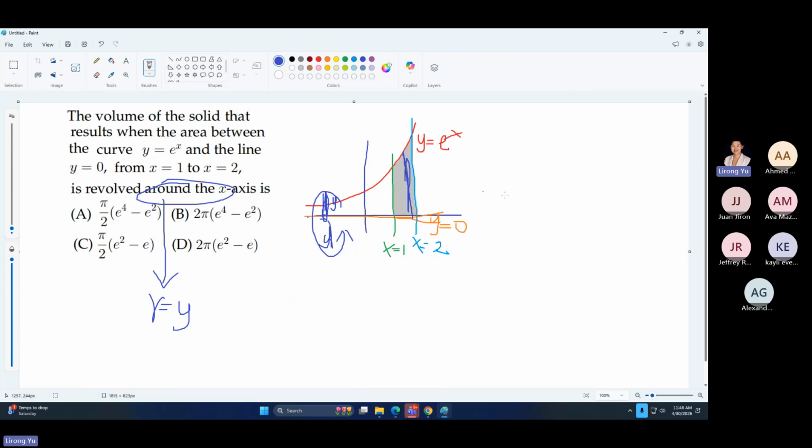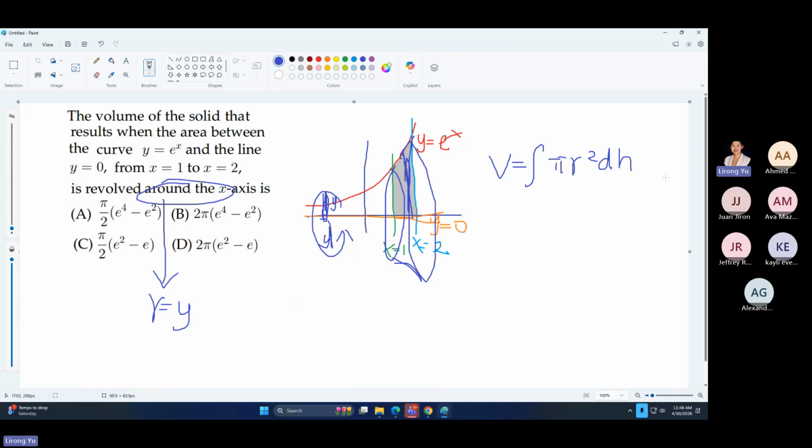Let's think about the volume calculation. This is the part we're revolving, and there's no hole in it. It ends up being some kind of solid. So we will do the integration of pi r squared dh if you are using the disk method.